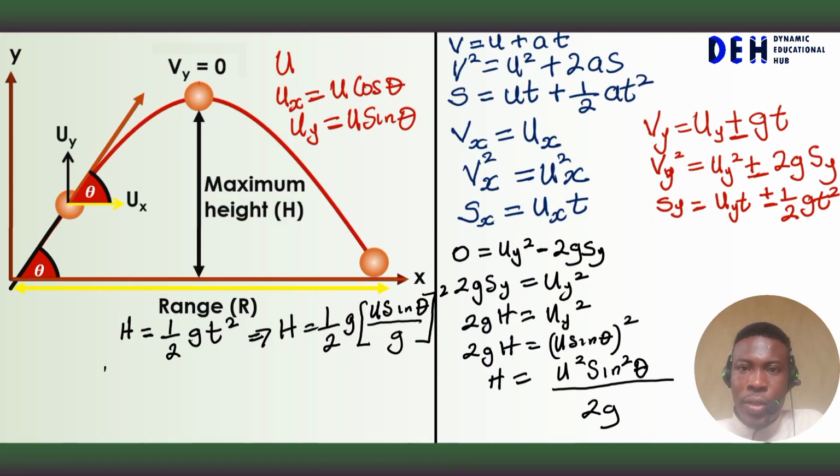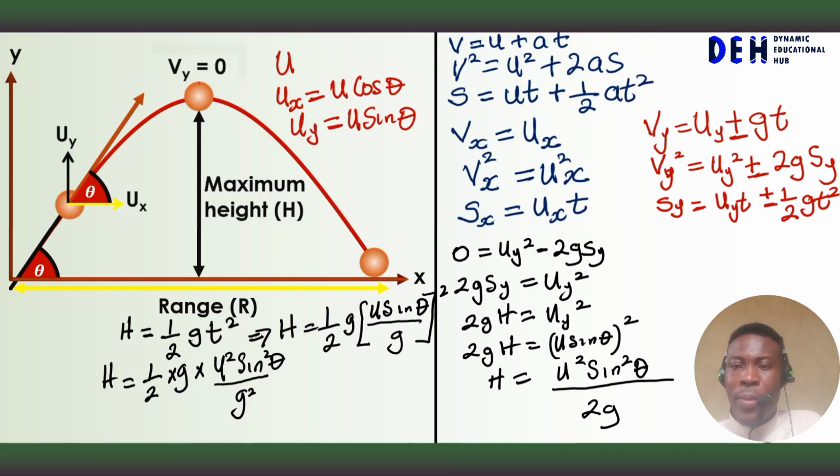So our H here will now be equal to 1 over 2 multiplied by G. When you expand this, you get U square sine square theta over G square. U sine theta multiplied by U sine theta, you get this. G multiplied by G, you get this.